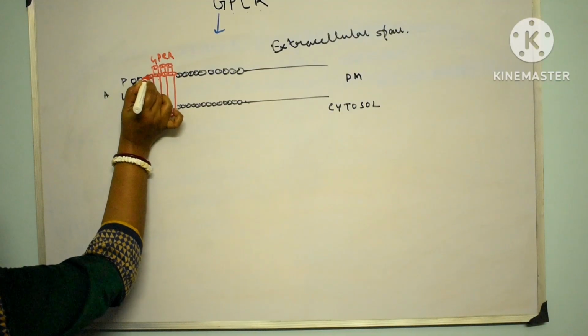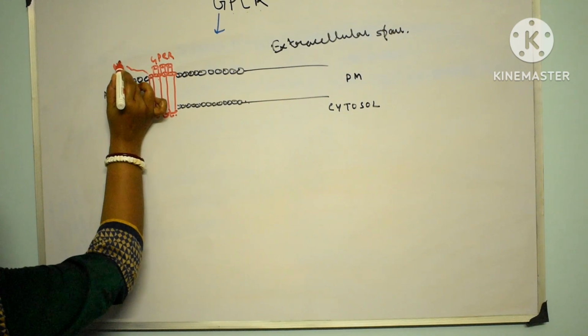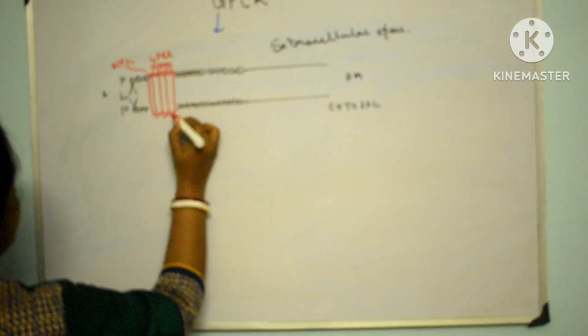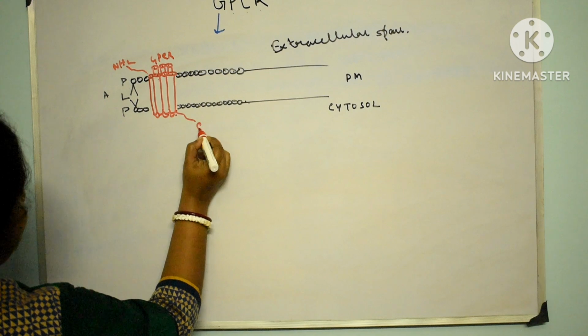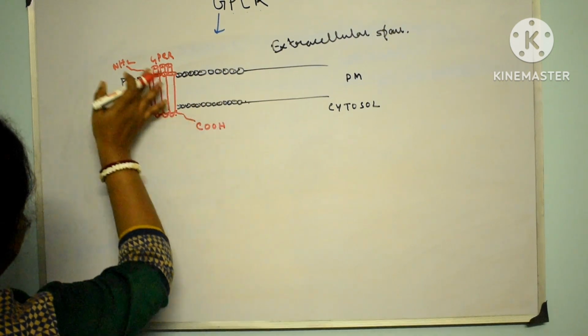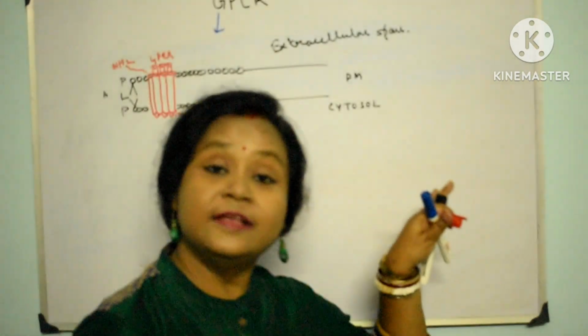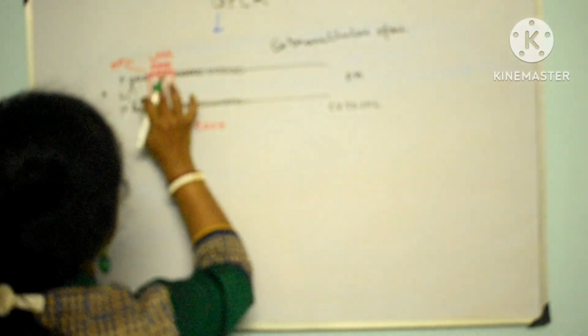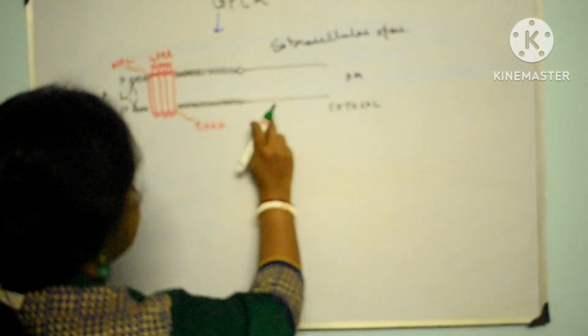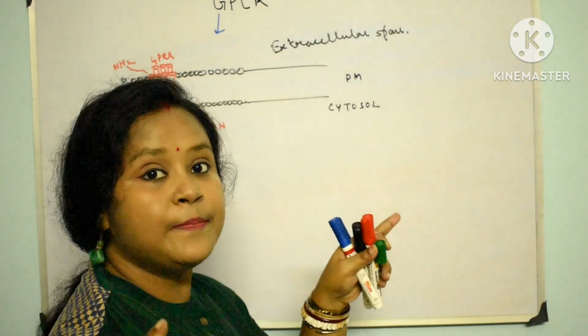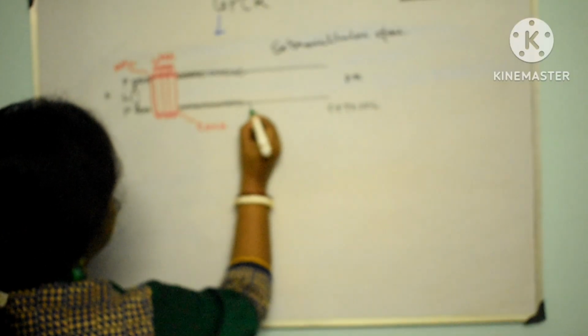As this is protein in nature, except one amino end, NH2, and carboxyl end. The amino end is present at the extracellular space, and this carboxyl end is present inside the cytosol. Here, this is GPCR, and now I am going to draw G protein, which is also attached to this membrane.